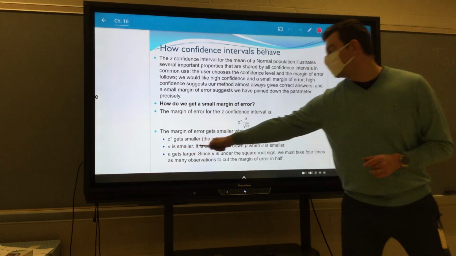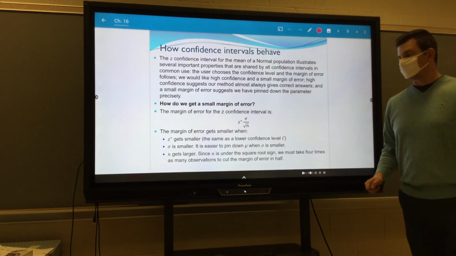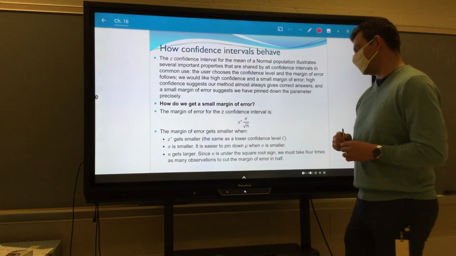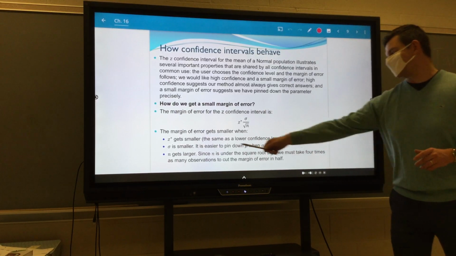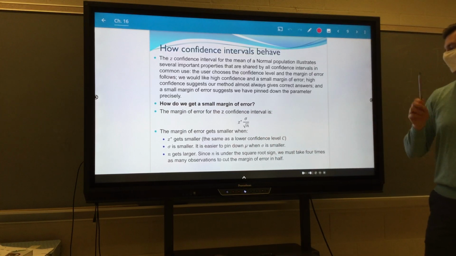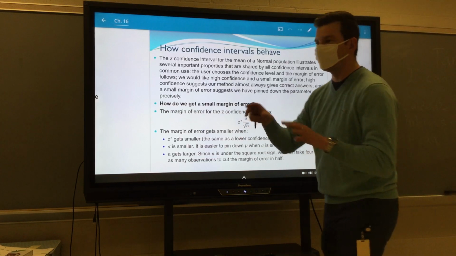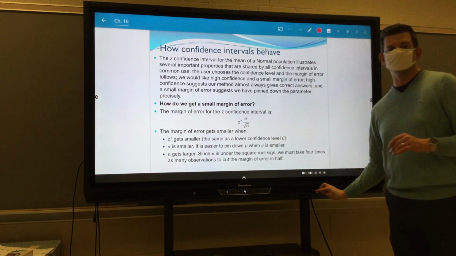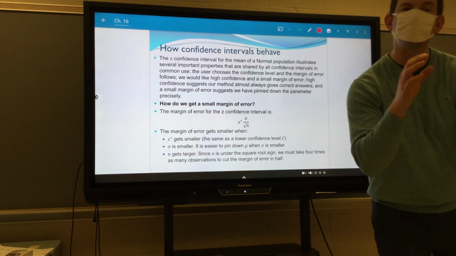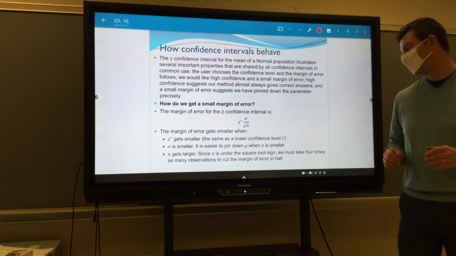As sigma gets smaller, sigma is the population standard deviation, it is easier to pin down what mu actually is when the standard deviation is smaller because you have less variation in that population.